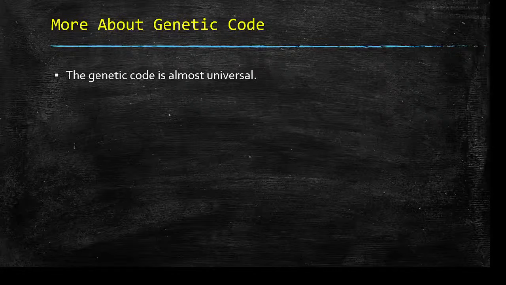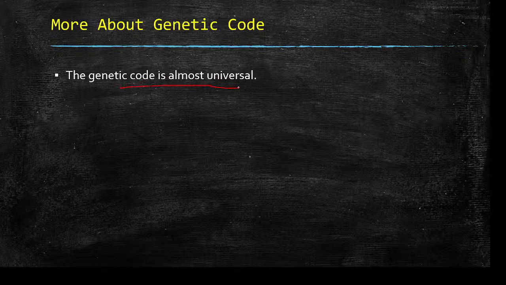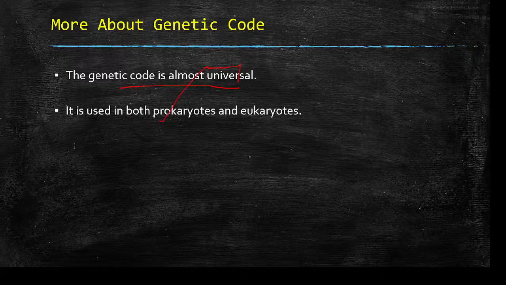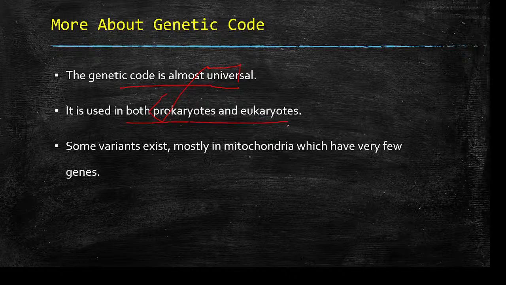More about it: the genetic code is almost universal, that is, the same codons code for the same amino acids in humans as well as in other animals. It is used for both prokaryotes and eukaryotes, but there are certain exceptions, mostly in mitochondria, which have very few genes.